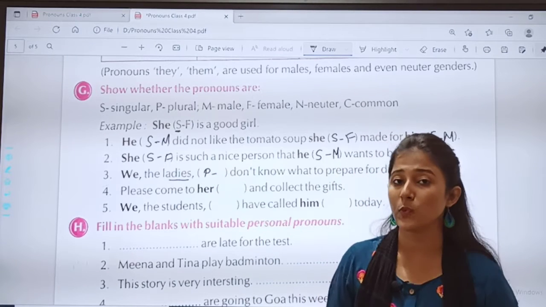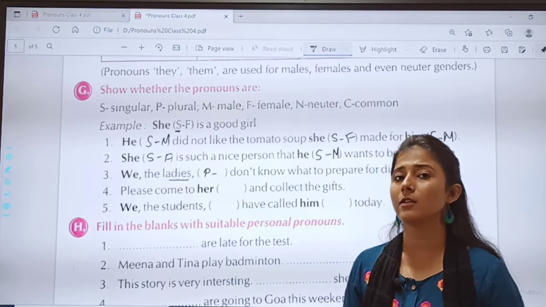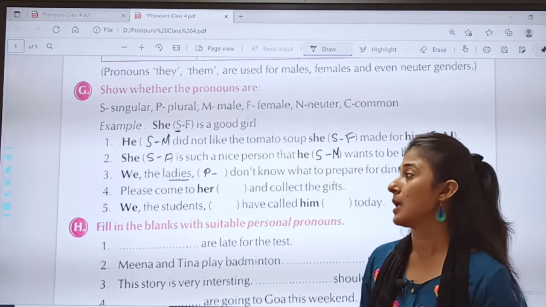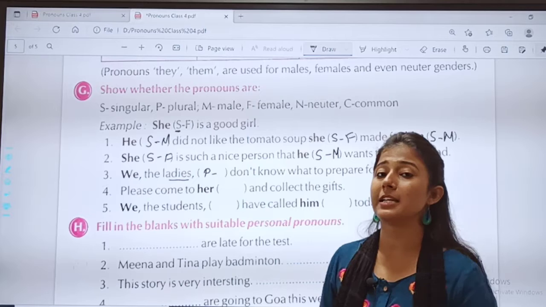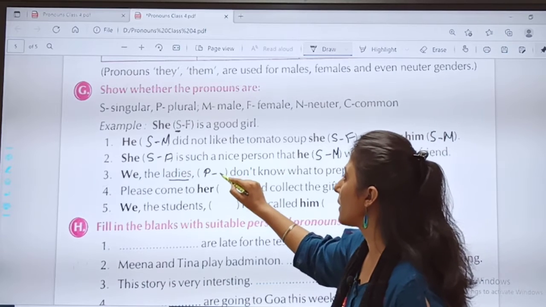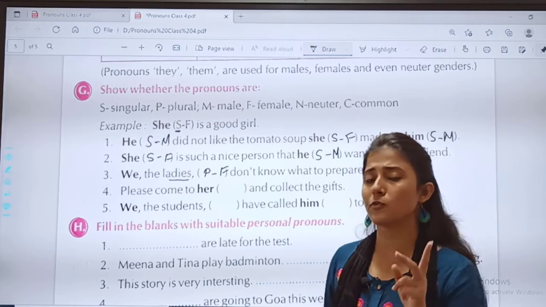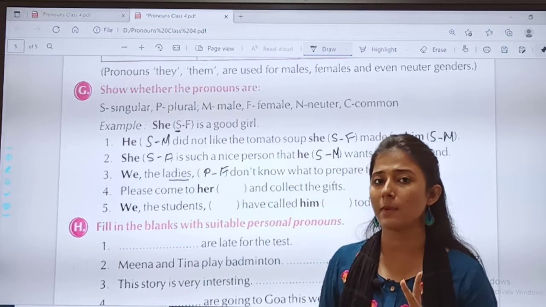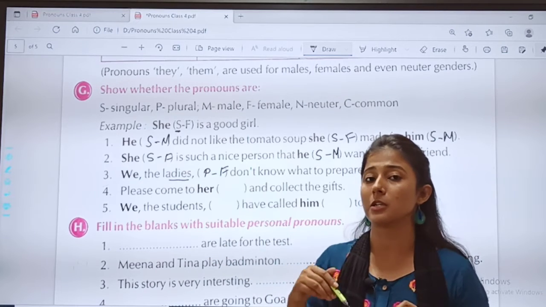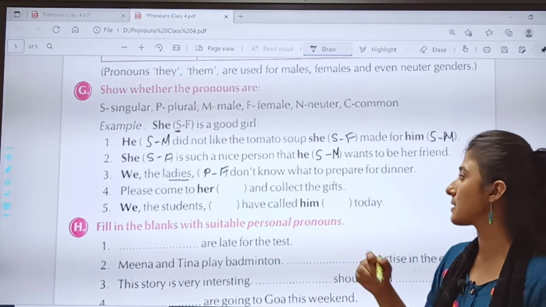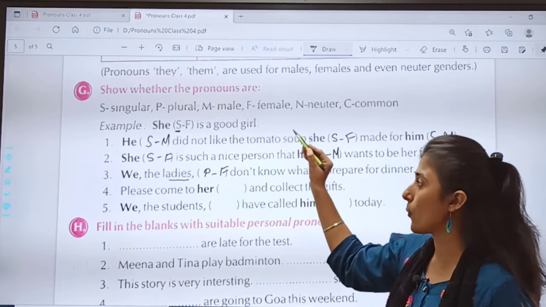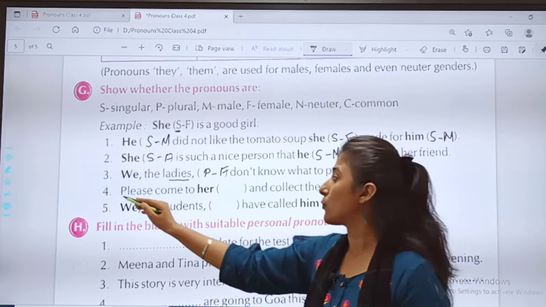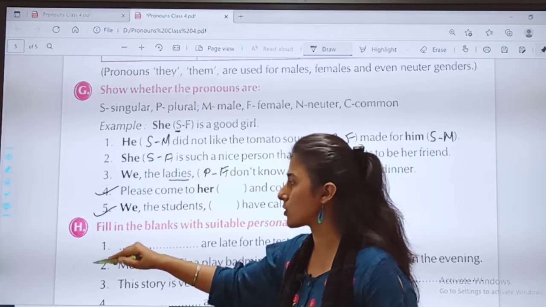And we falls in which category? Which gender? So ladies. Ladies means feminine. Otherwise, we is used for both masculine and feminine. But here it is mentioned ladies, and ladies come in feminine. So I hope you have understood these. So 4 and 5 you will try by yourself.